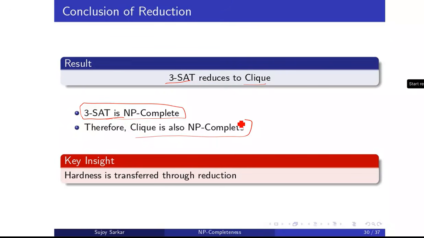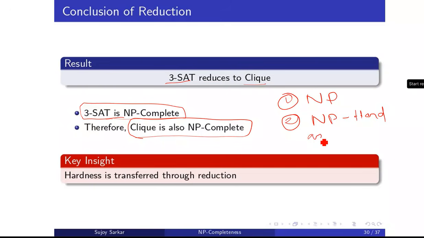So Clique also must be a hard problem. Actually, it should be NP-hard. And Clique, as we have already seen in the first case, is verifiable, so it is in NP. In the second case, we are seeing it is as hard as 3-SAT.